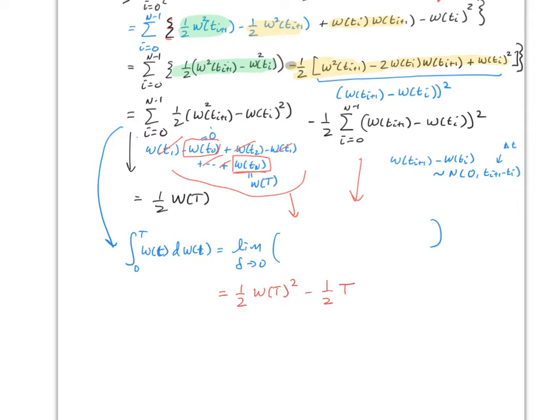Well, how do we get T? Remember that from here the expected value of (W(Ti+1) minus W(Ti)) squared was equal to Ti+1 minus Ti, which was just delta T. And if you do the sum of all the delta T's, which is what you have to do here, you end up with T. As you can see, using the definition is a pretty long and lengthy process, but very soon we'll see a faster way to do this, where you can find the integrals without using the definition.